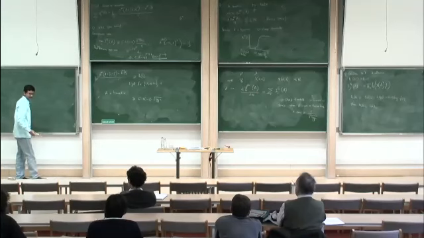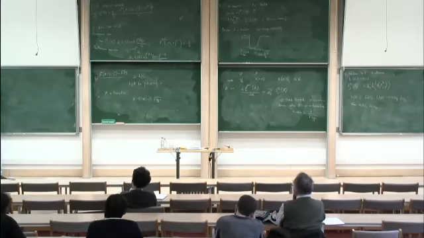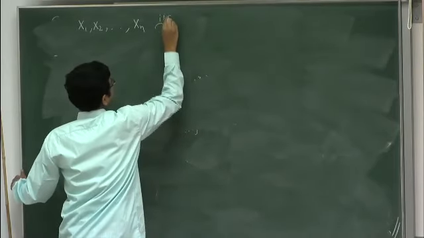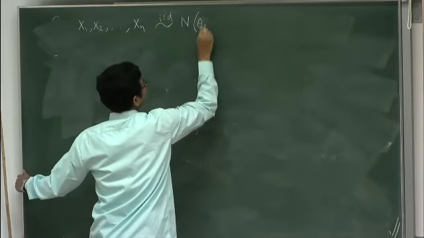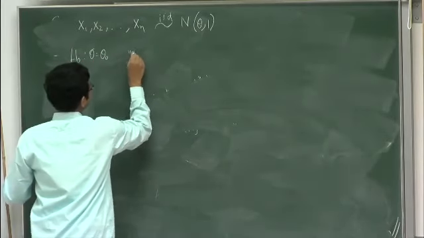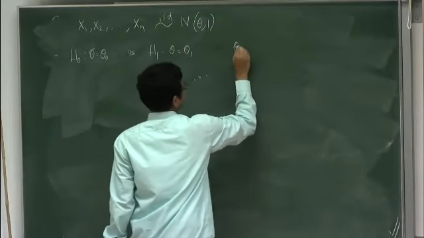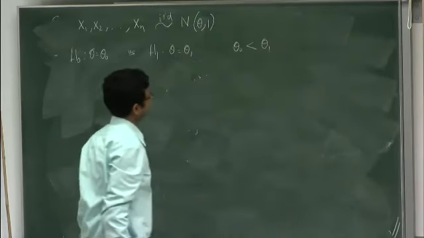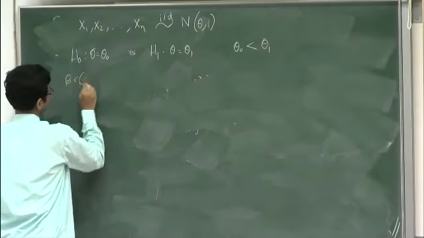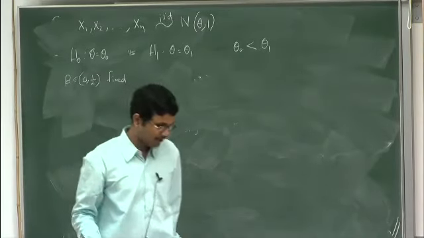So suppose I have x1, x2, xn IID normal(theta, 1), okay, and I want to test the null hypothesis theta equal to theta naught versus the alternative hypothesis theta equal to theta 1, and I assume that theta naught is less than theta 1. And let's say beta is some constant fixed, and beta is the maximum allowable error.